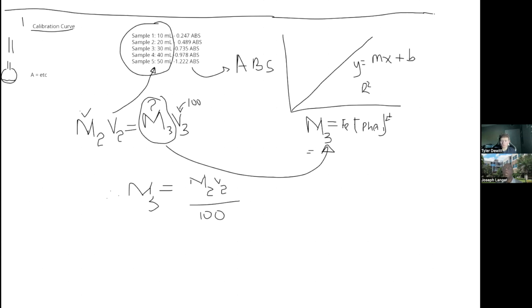M stands for the slope, which is the molar absorptivity constant for iron. The literature value, or a good value, should be in the neighborhood of 11,200.